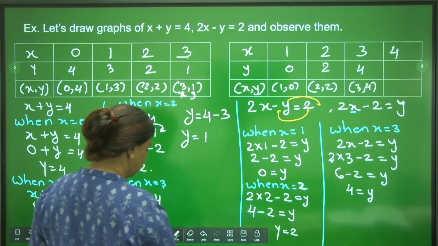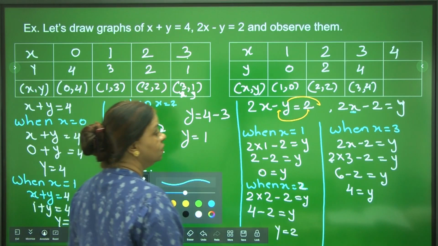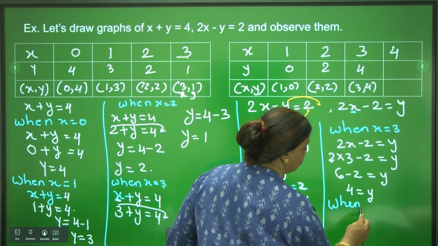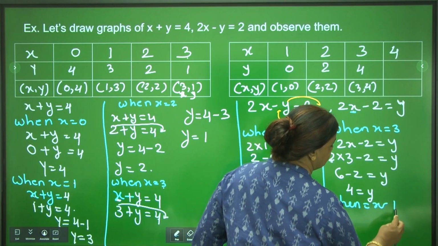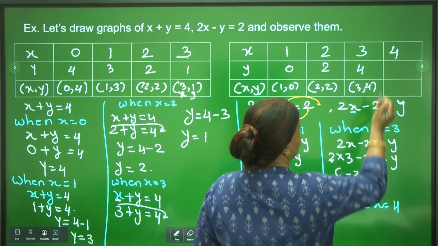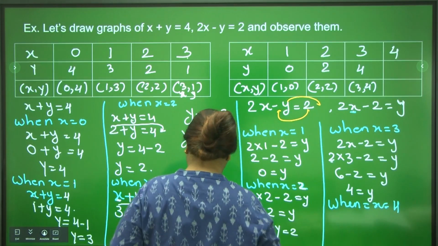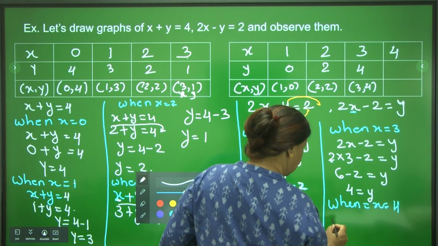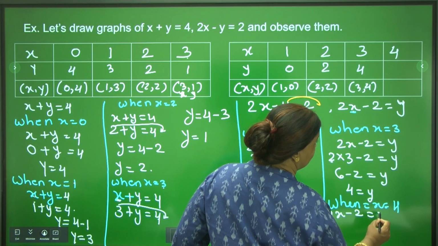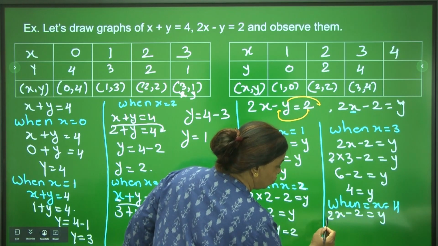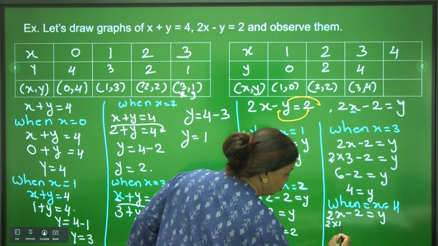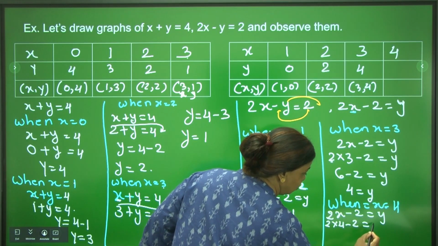Now the last one is when x is equal to how much? 4. When x is 4, what will be your y value? Let me write the equation. The equation is 2x minus 2 is equal to y. 2 into 4, because x value is 4, 2 into 4 minus 2 is equal to y.